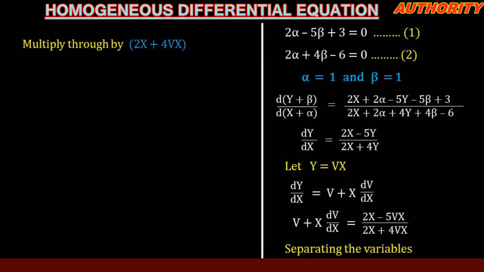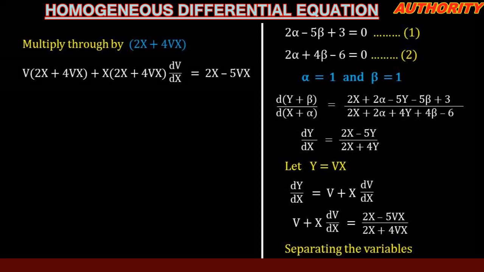When we do so, we have v multiplied by (2x plus 4vx) plus x multiplied by (2x plus 4vx) dv/dx equal to, in the right hand side, the denominator will cancel, so we are left with the numerator, which is 2x minus 5vx.